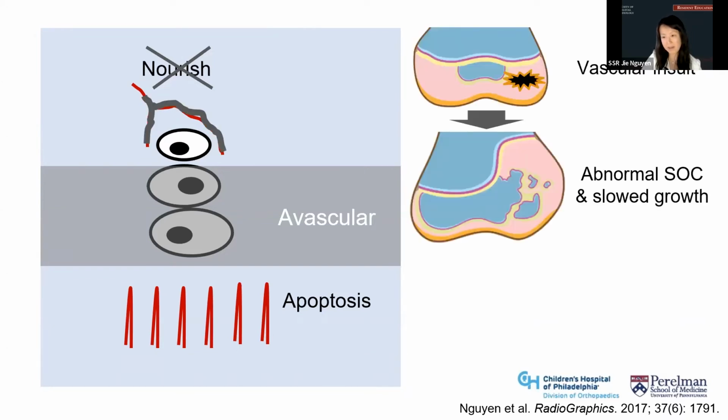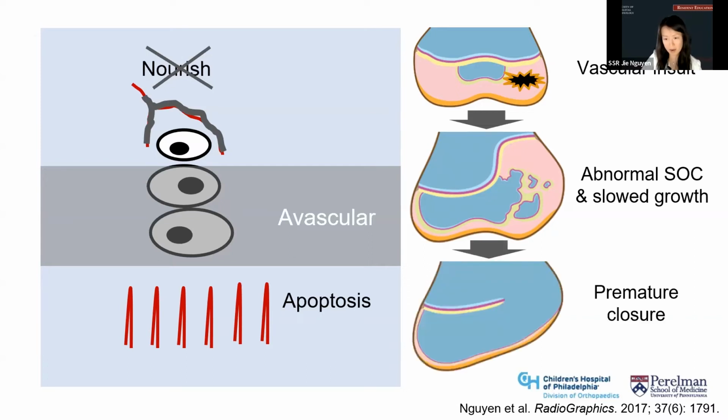Then you end up having this deformed abnormal secondary ossification center, and the chondrocyte just can't really work when it's not being nourished. And so you end up having the chondrocytes not pushing that metaphyseal margin as far. And so over time, the normal side overgrows, so it looks like it's receding into the metaphysis. And then if you wait long enough, it will completely close, because after a while, the chondrocyte just runs out of energy.